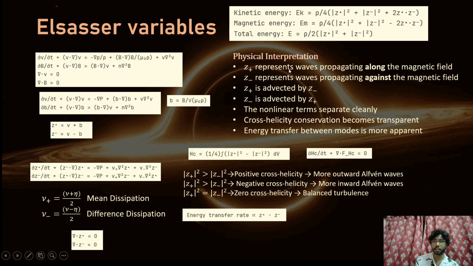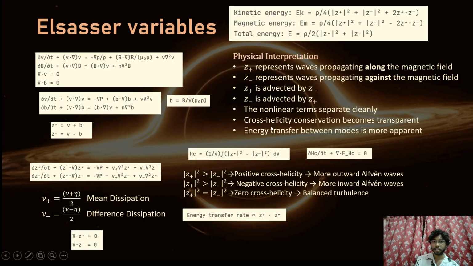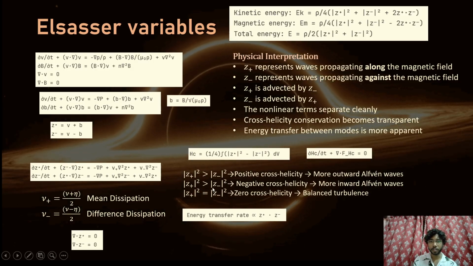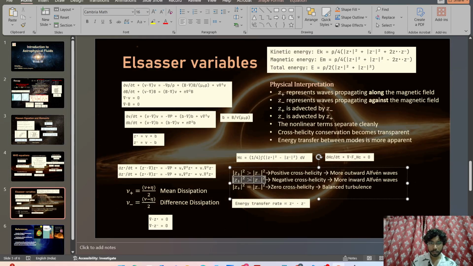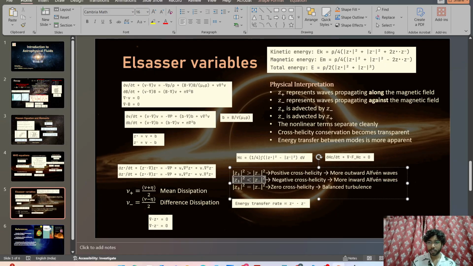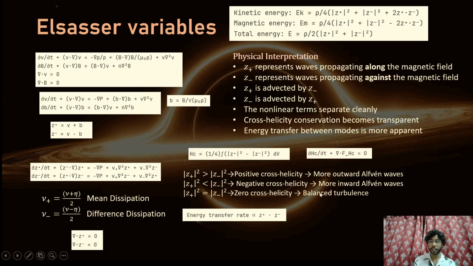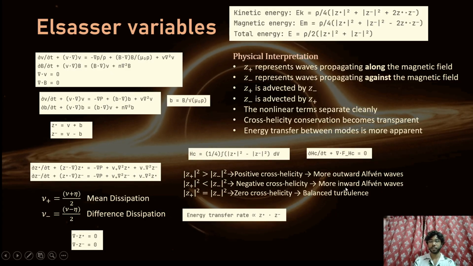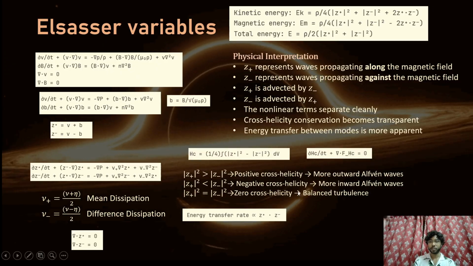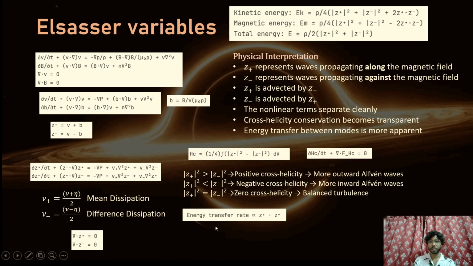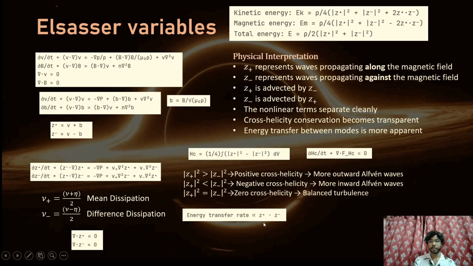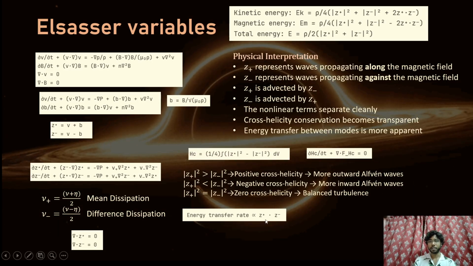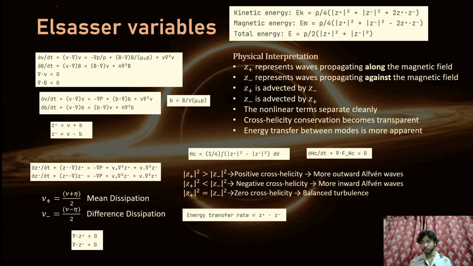Z plus represents the outward Alfvén waves, Z minus the inward Alfvén waves. If Z plus square is less than Z minus square, then negative cross helicity, more inward Alfvén waves. If they're equal, zero cross helicity, balanced turbulence. And the energy transfer rate is basically determined by Z plus times Z minus.